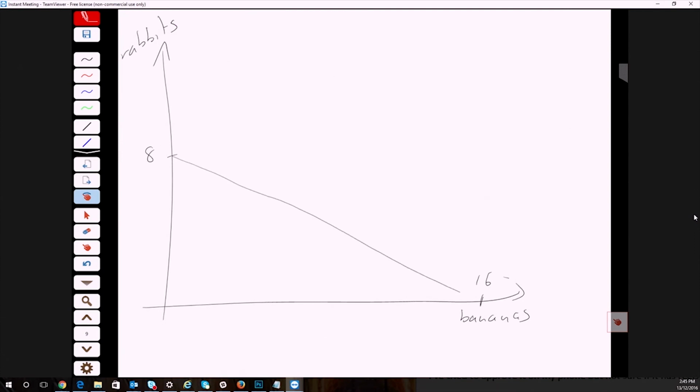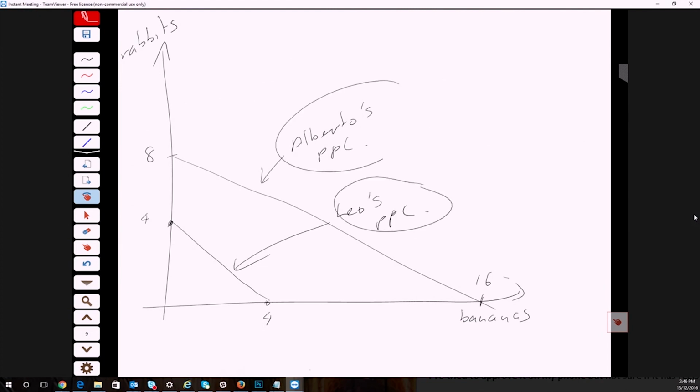You have a straight line here. And for Leo, you get 4 and 4. So this is Alberto's PPC, and this is Leo's PPC. Hopefully that should be clear. But as always, if something is unclear, then most certainly please let me know.